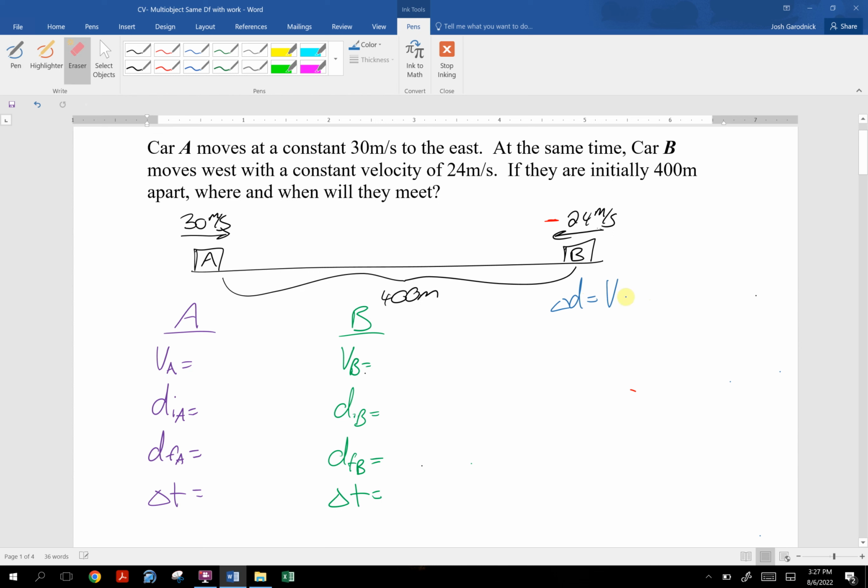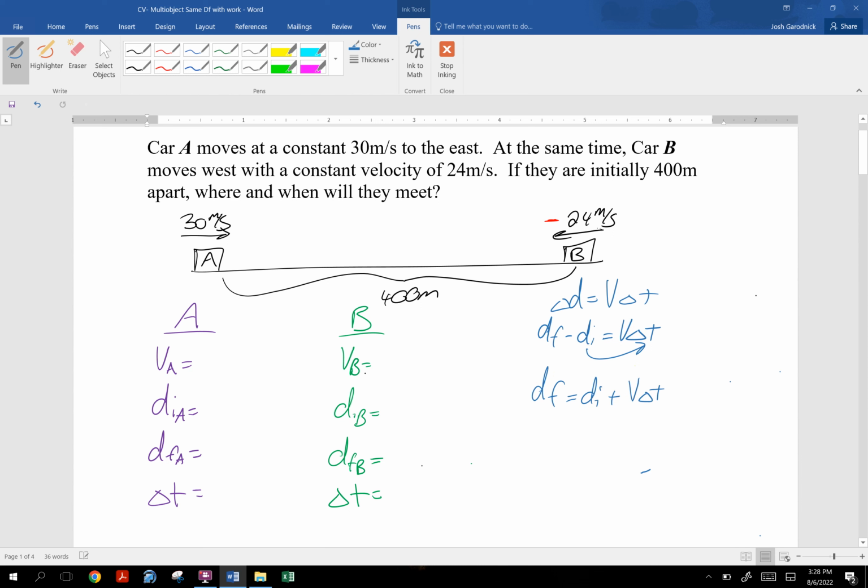And delta D means change in position, which also means subtraction, which means final position minus initial position. So instead of writing delta D, I'm saying change in position, literally with math. And I can add this to the other side, and now I can write that the final position of an object is equal to its initial position plus the velocity it's traveling at for a certain amount of time.